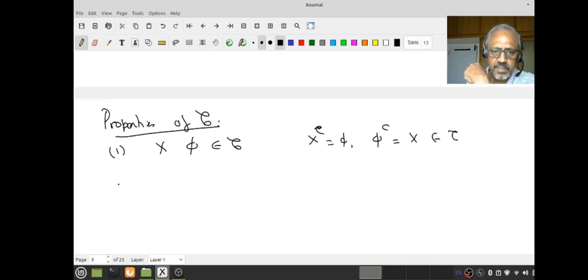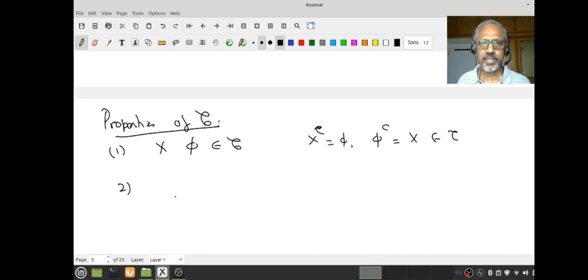Second, what is the second property in tau for the topology? Arbitrary union of sets in tau also belongs to tau. Now remember, what is a closed set? Complement of an open set. Therefore what should be the natural thing for me to do?